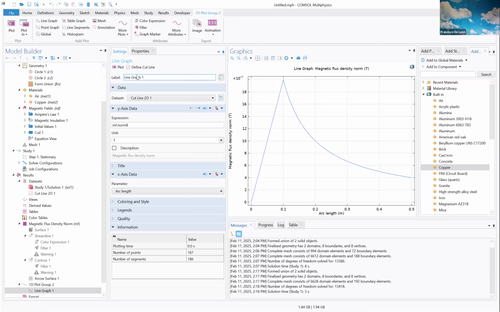The question that I asked before is, why is it not 0 at the end? Why does it still have a value, about 4 times 10 to the -7? It's a small value, but it's about 10%, 20% of the maximum. Why is it not 0?